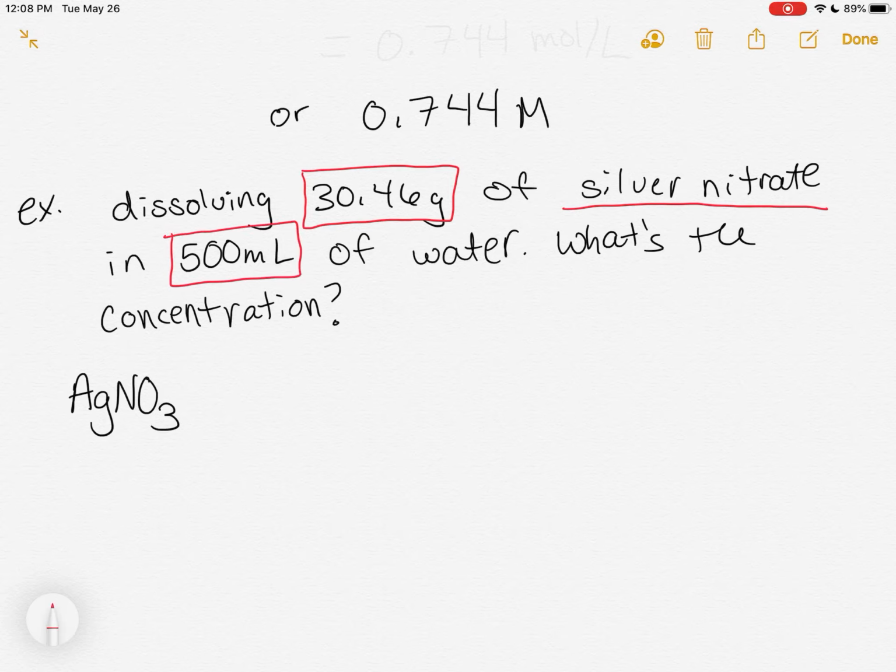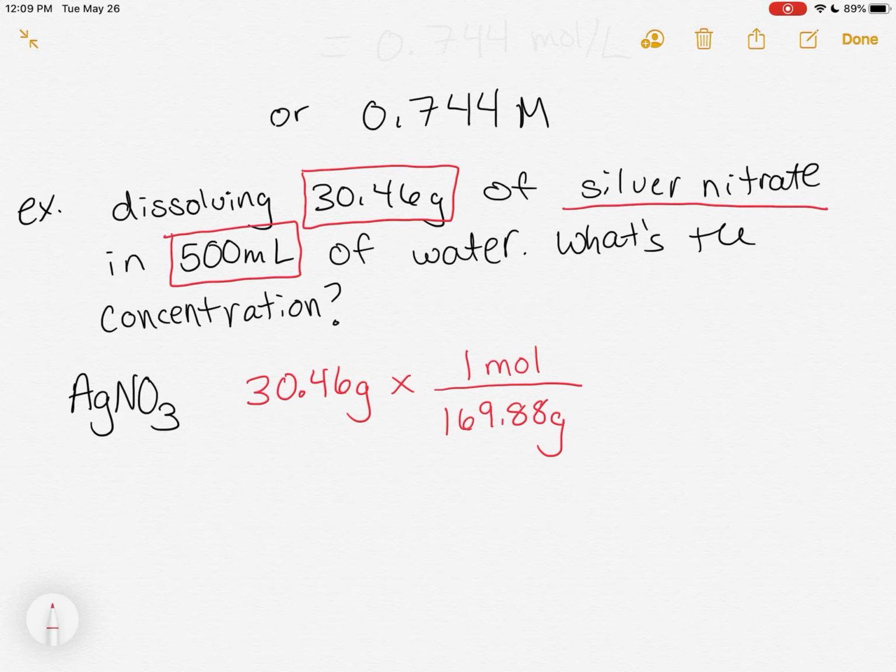We have silver nitrate, a mass of silver nitrate, and our volume. Now concentration is moles divided by volume, which means we need to turn the mass of silver nitrate into the moles of silver nitrate. So we start with our 30.46 grams of silver nitrate and multiply by our conversion factor to turn it into moles. We know 1 mole of silver nitrate is 169.88 grams.